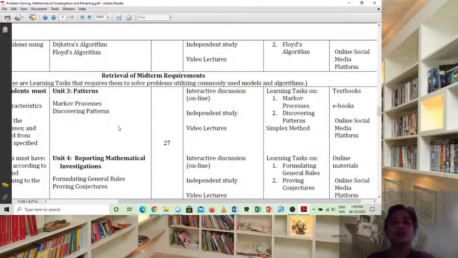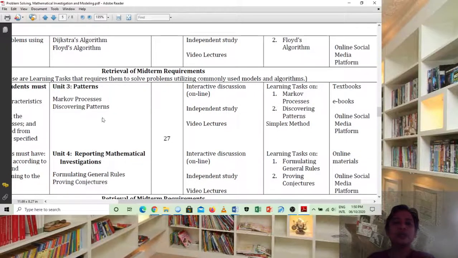The next topic would be about discovering patterns, and then what processes we can establish through these patterns. One particular process that we would take up is what we call the Markov process.